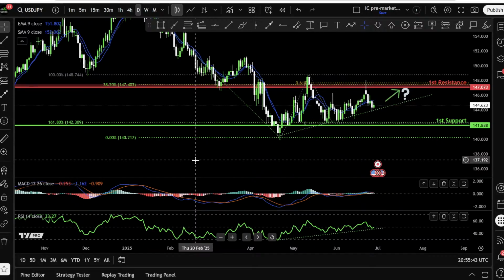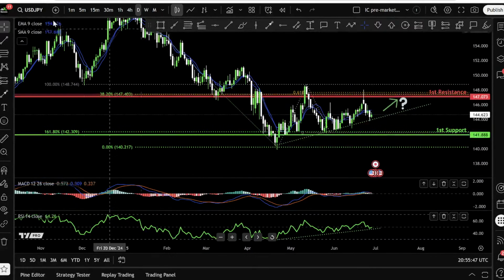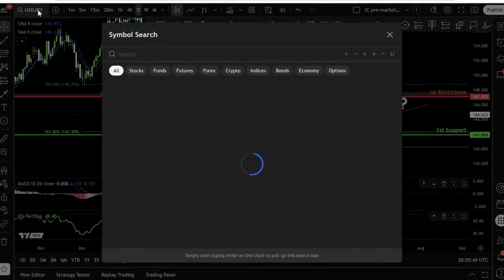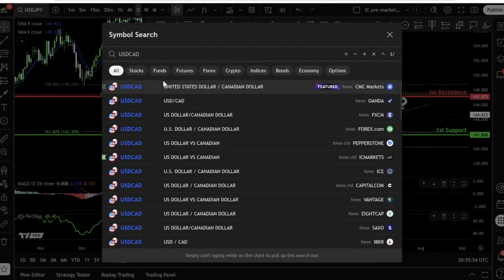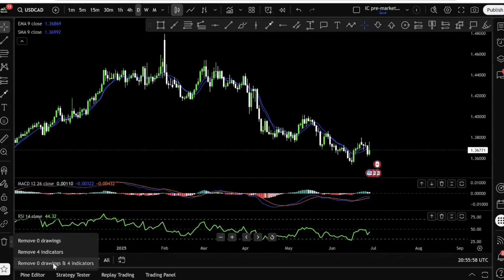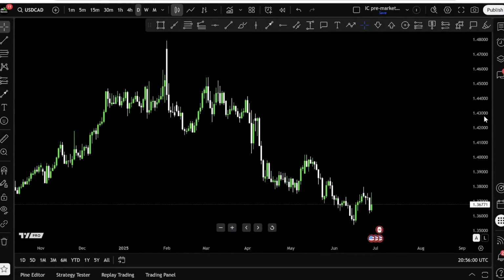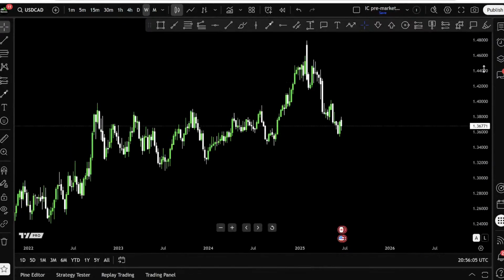Okay, since we started late, I'm going to do one more chart. I think it was dollar cat. And we'll end off with this chart here.